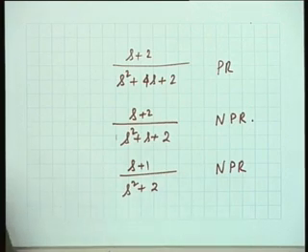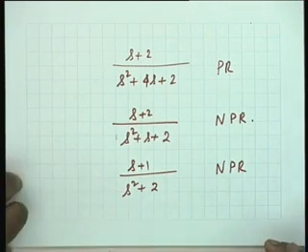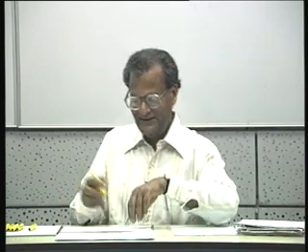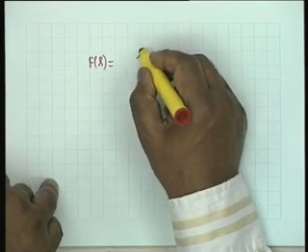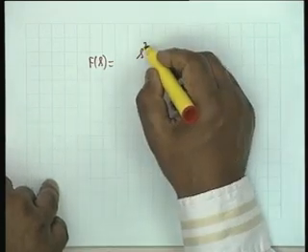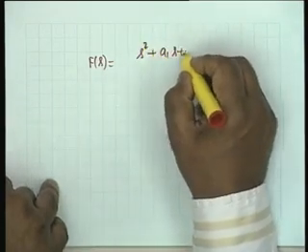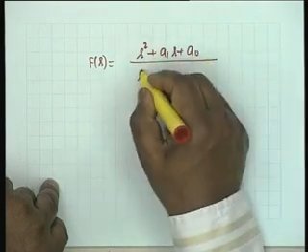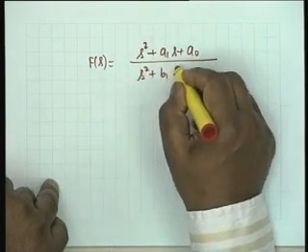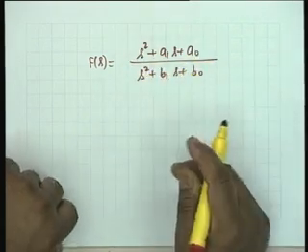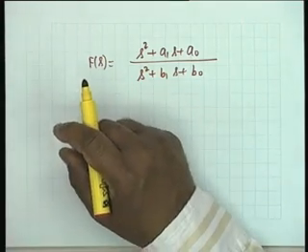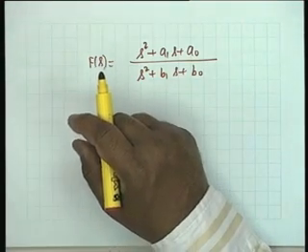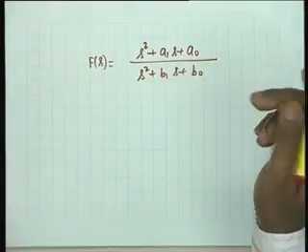Now, in the remaining time, let's complicate the function. That is, we have f of s equal to a general biquadratic, s squared plus a1 s plus a0 divided by s squared plus b1 s plus b0. Now, the numerator has been made into a quadratic. In the previous case, the numerator was linear and the denominator was a quadratic.